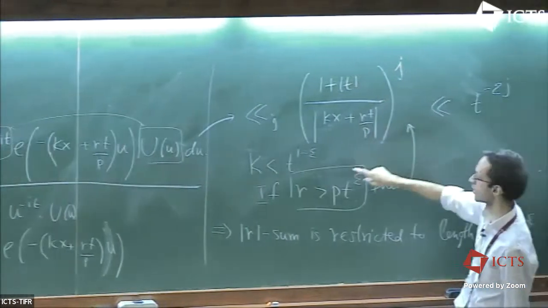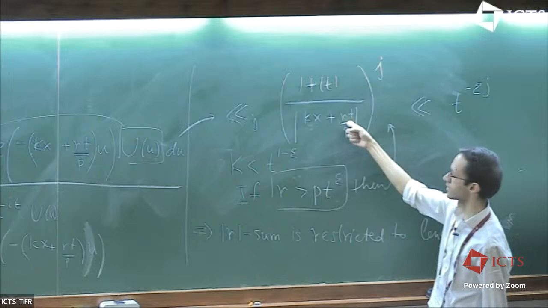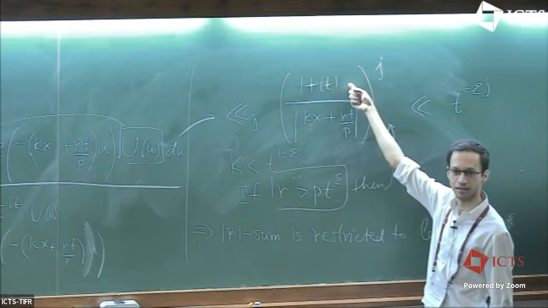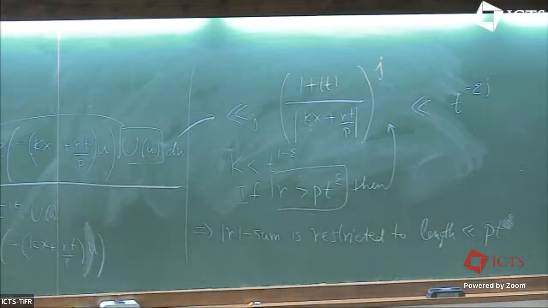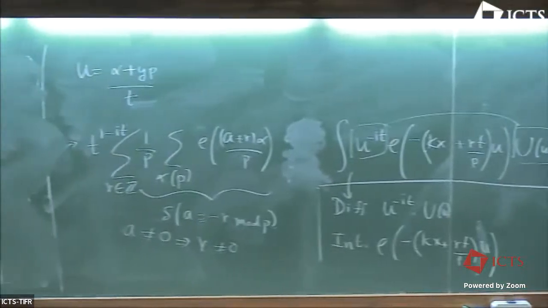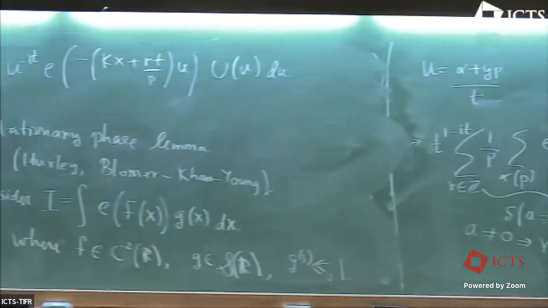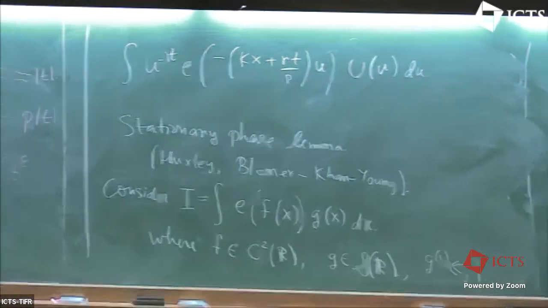You want to get negative powers of some t. So if you just make sure that this r is a little bit bigger than the numerator, then you're good to go. So that's why this t to the epsilon. See, at the end of the day, our goal is just the final exponent saving. We don't really care about the logs. So we can be a little relaxed with t to the epsilon here. Okay.